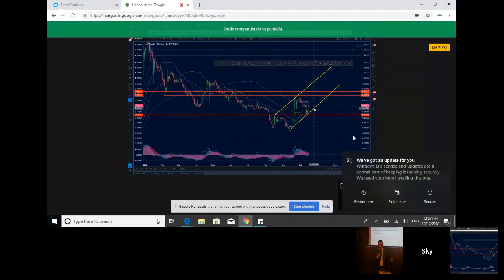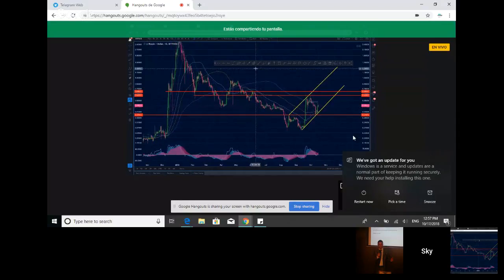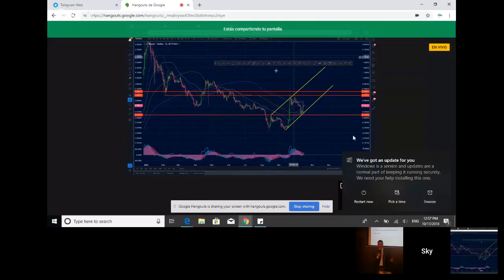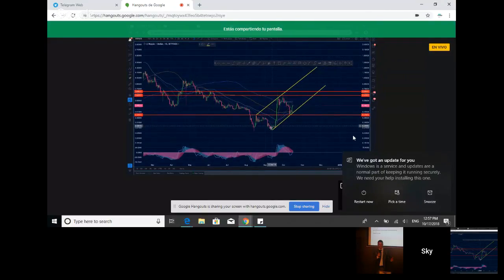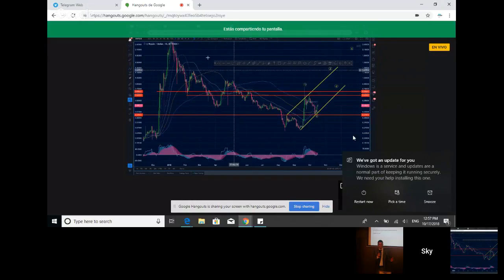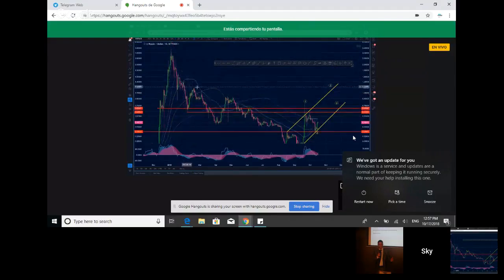But for now, as I see, the price is moving maybe in the first wave of an Elliott wave bullish cycle. So it's like 1, 2, maybe 3, and 4, and the 5 maybe reaches previous highs, or maybe something between the previous high and this resistance level.